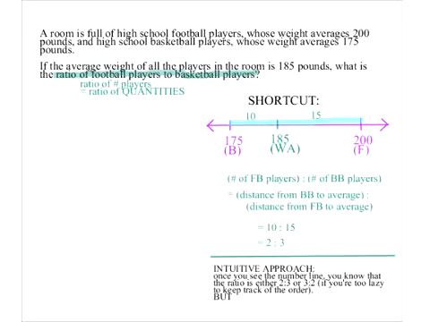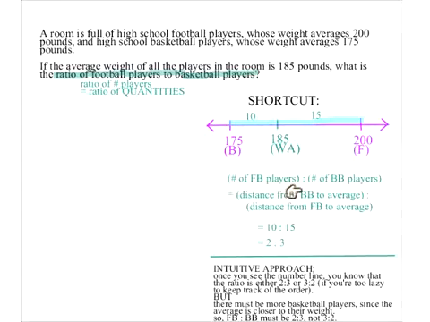But you can look at this and say there must be more basketball players since the average is closer to their weight. So football to basketball must be 2 to 3.